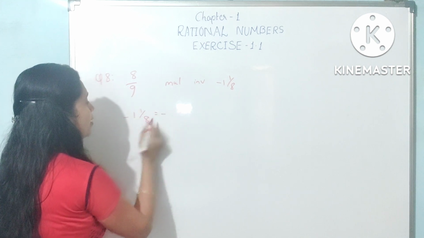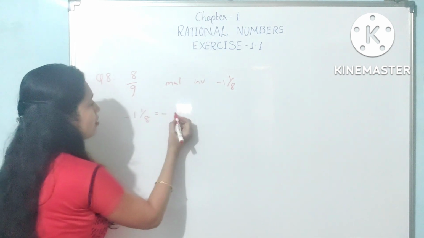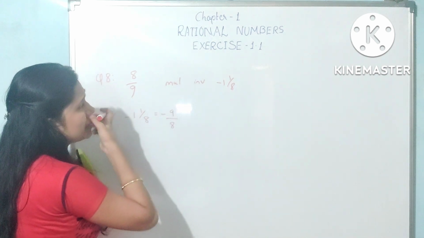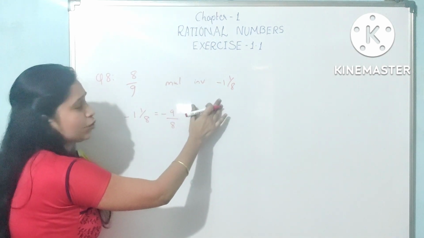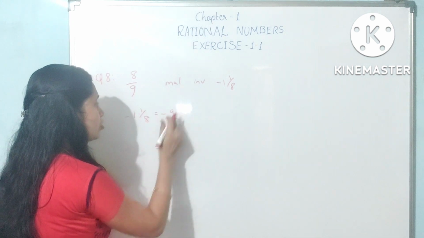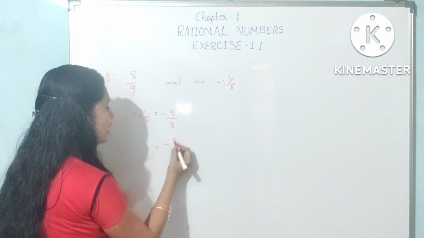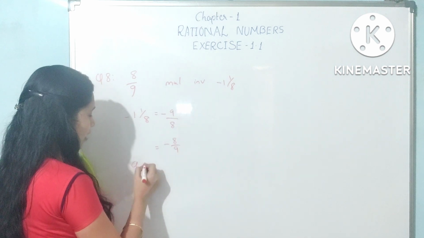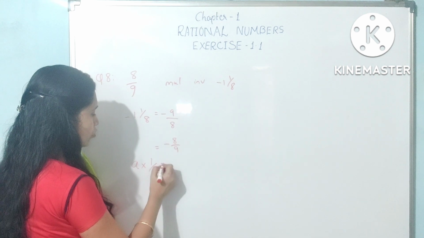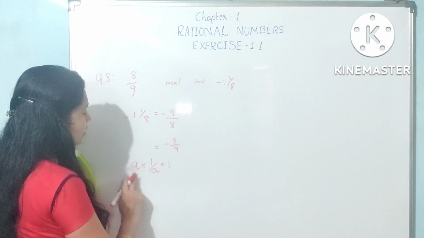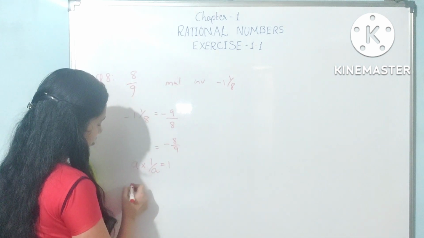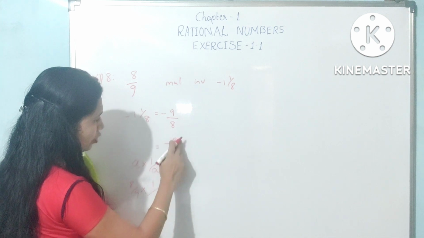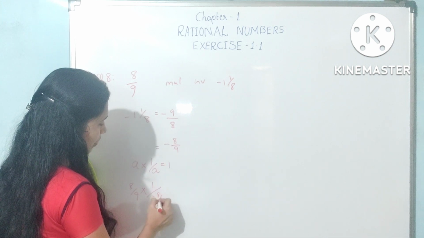So minus 8, 1 by 8, plus 1 is 9, so 9 by 8. Okay. What is the multiplicative inverse? What we have to do? We have to take the reciprocal. So the reciprocal is minus 8 by 9. What multiplicative inverse tells: A into 1 by A is equal to 1. Let's say A as 8 by 9. So 8 by 9 into 1 by, what is the value of this? Minus 8 by 9, right?